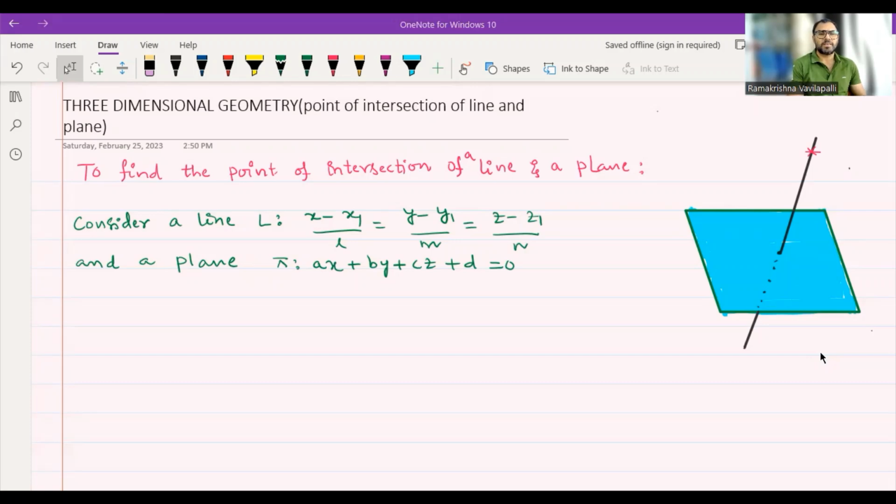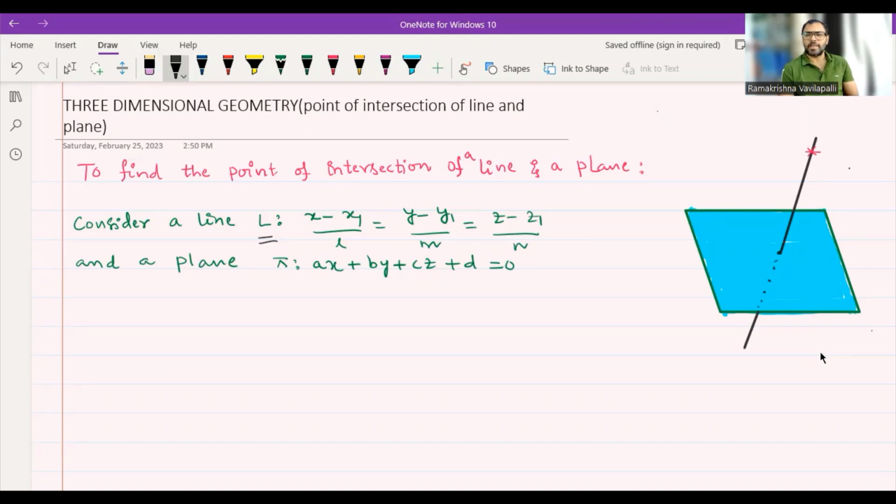So here consider a line L in symmetric form: (x minus x1) by l equal to (y minus y1) by m equal to (z minus z1) by n, and a plane phi: ax plus by plus cz plus d equal to 0. Here you can see the figure.